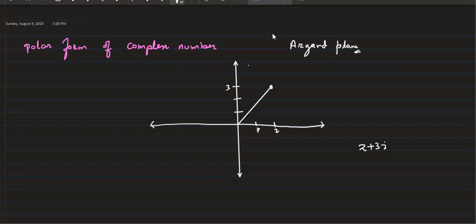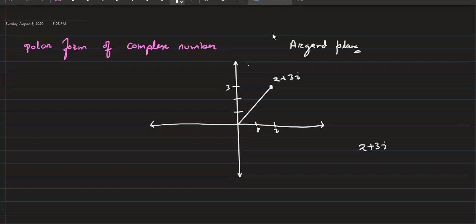You understood what is your Argand plane? The xy plane in which x-axis is your real number and y-axis is your imaginary number is called as Argand plane. As simple as that. So this is your 2 plus 3i.